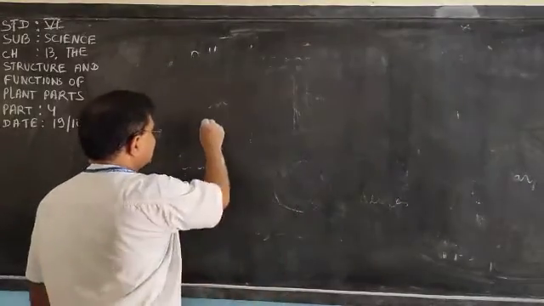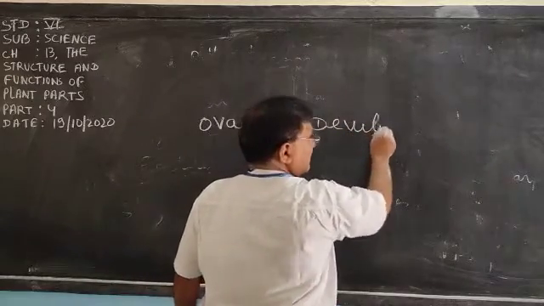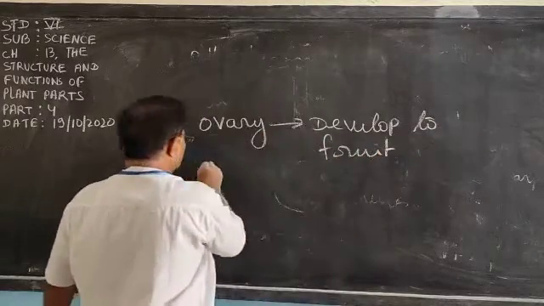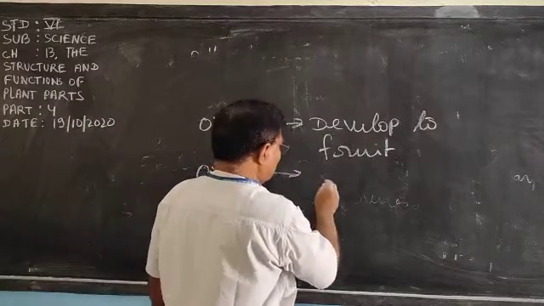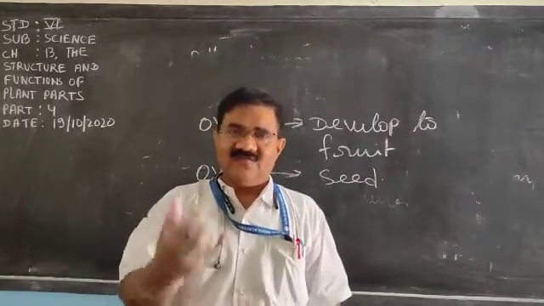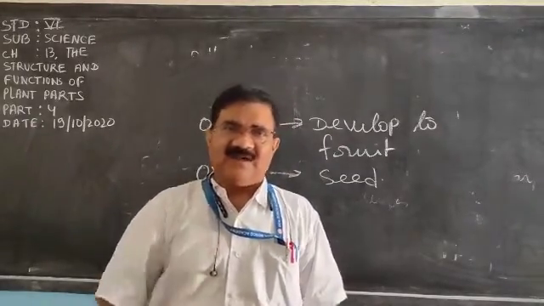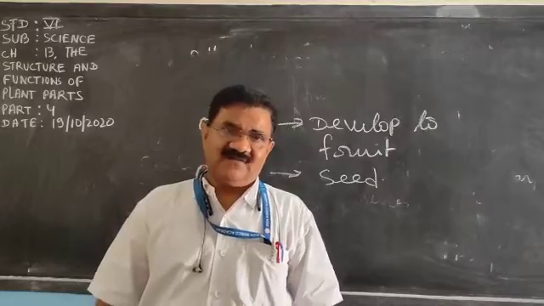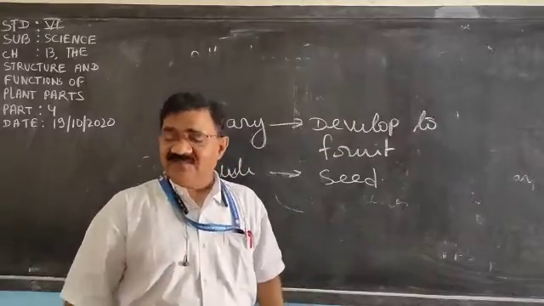The ovary will develop into fruit, and the ovule will develop into seed. The fruit contains the seed, and protects the seed, and stores food for the baby plant. The developed ovary is called fruit. That is clear. And the ovule develops to form seed.